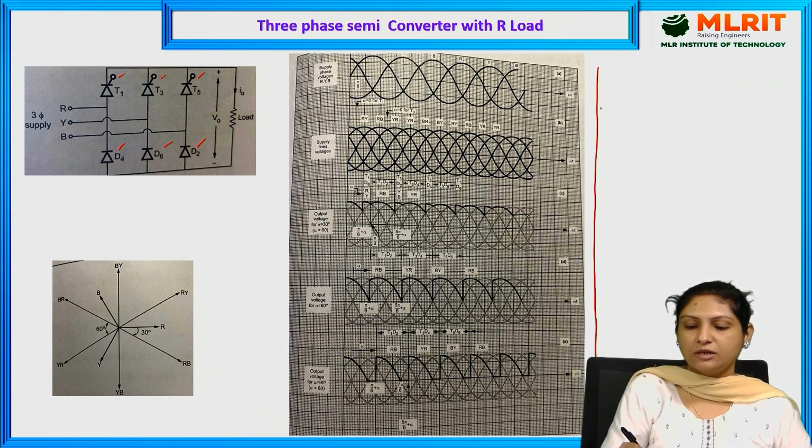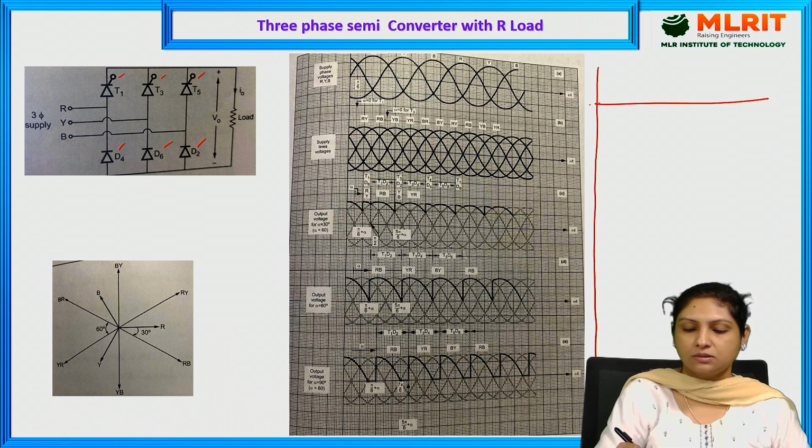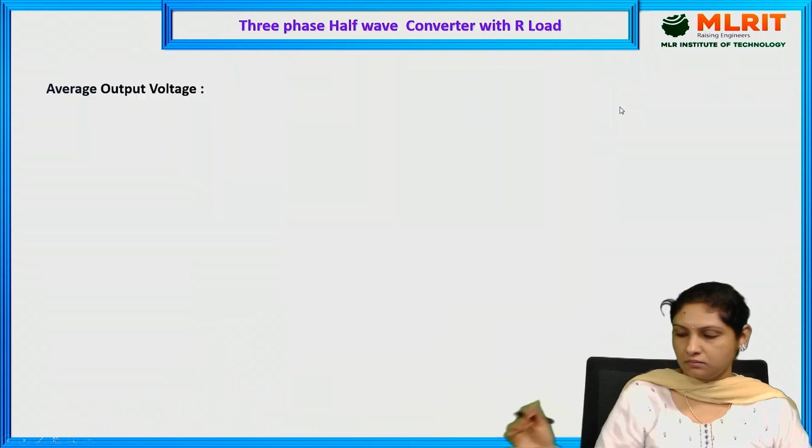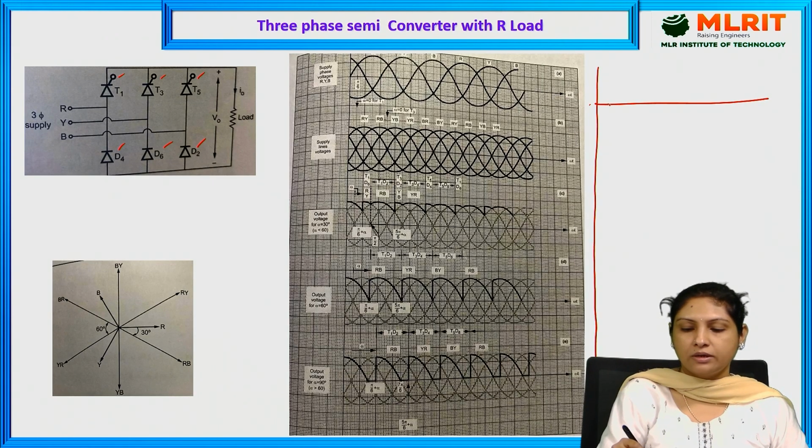And here let me draw the phase voltages. Take the scale as 1 centimeter, and each centimeter is equal to 60 degrees.